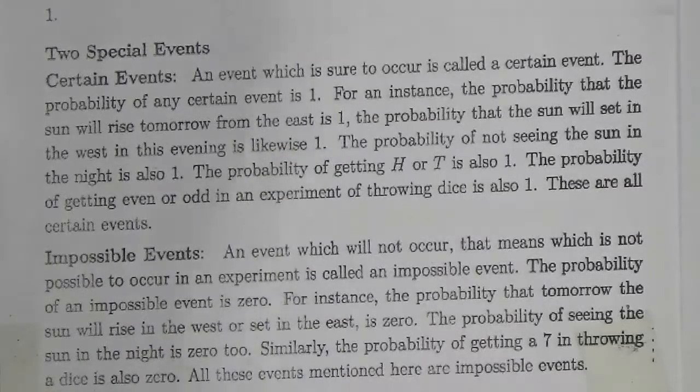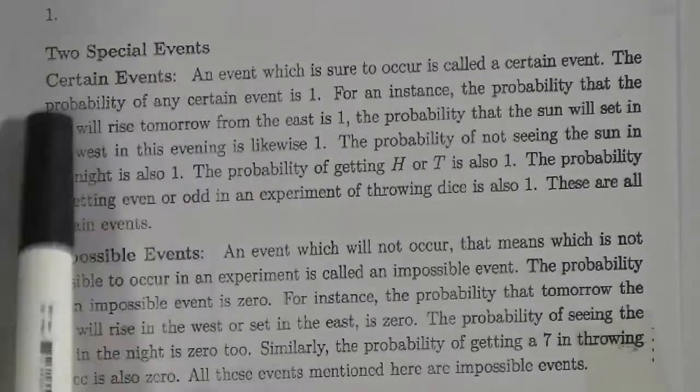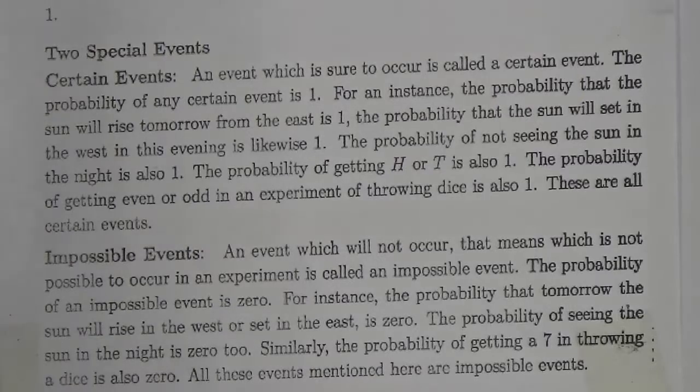Every day the sun rises in the east. This must happen, so it is a sure event. If it is a sure event, it is known as a certain event, and its probability will be 1.